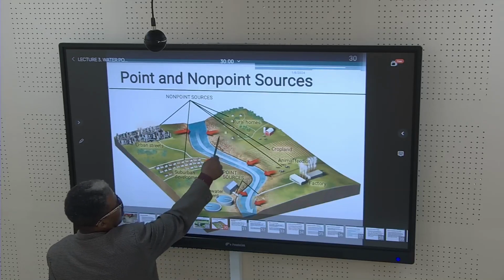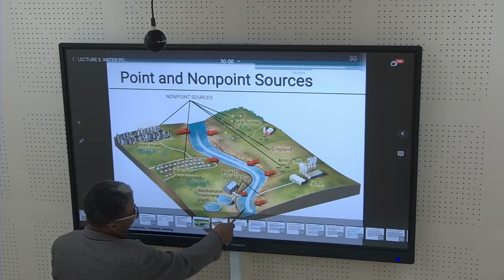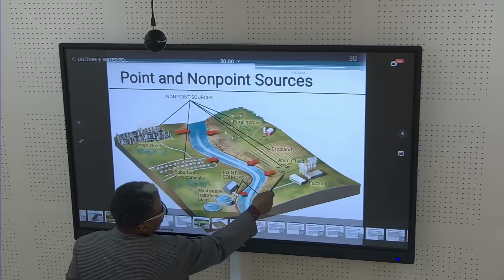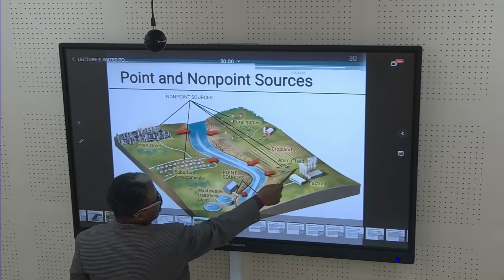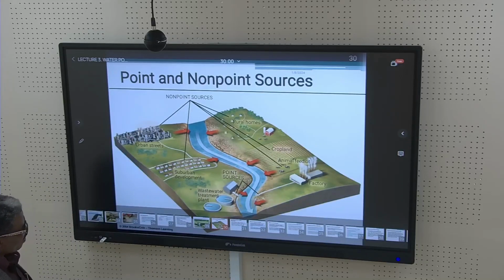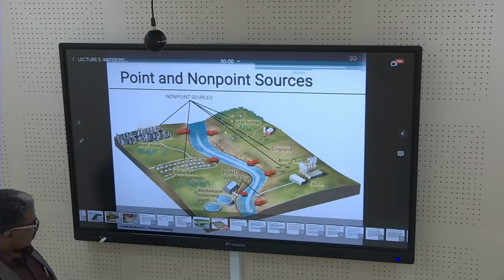The rivers bring water that is also affected by factories and animal feedlots. So they all contribute as runoff to non-point sources of water pollution.